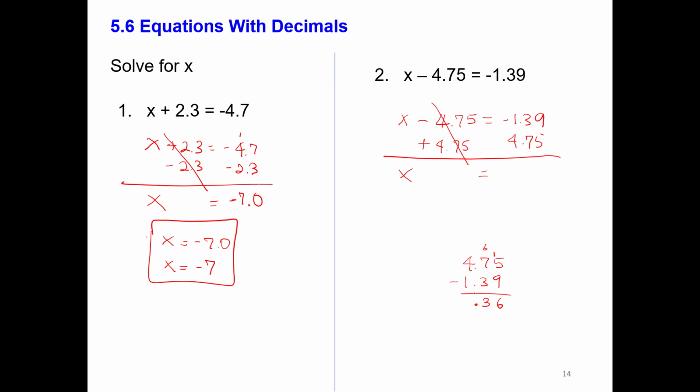Bring the decimal point down. 4 minus 1 is 3. And it's positive because the larger number is positive. Then x equals 3.36, and this is the answer.